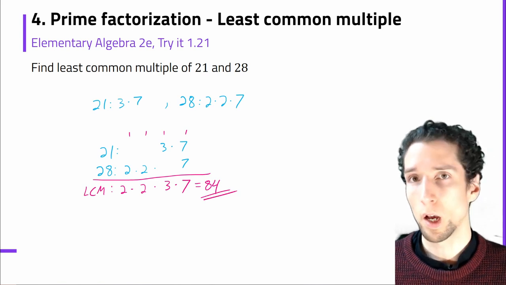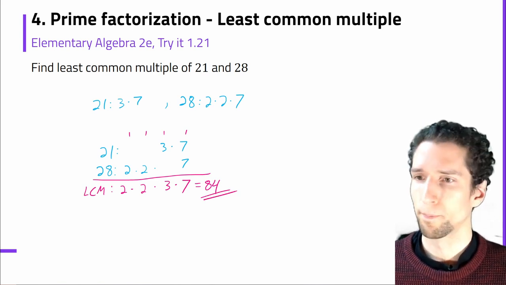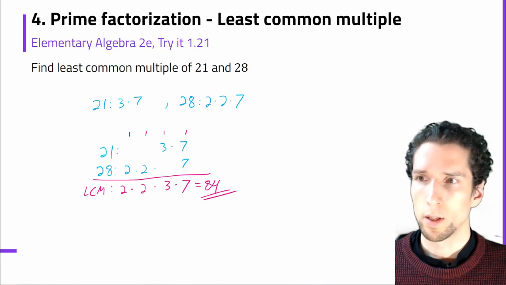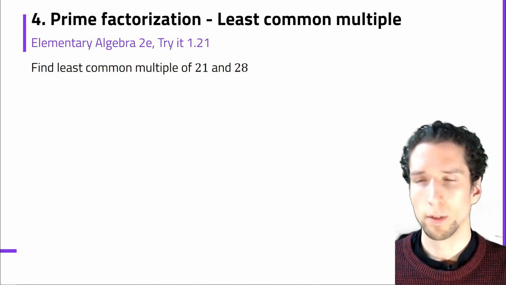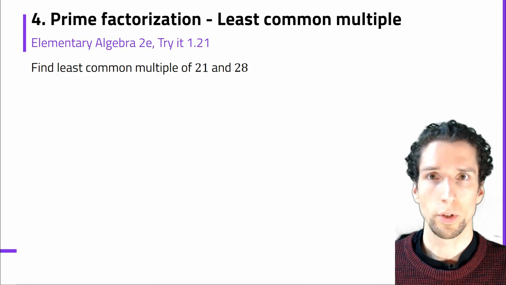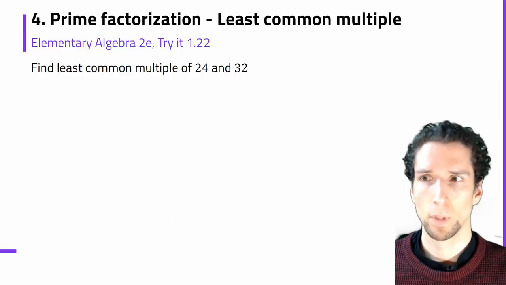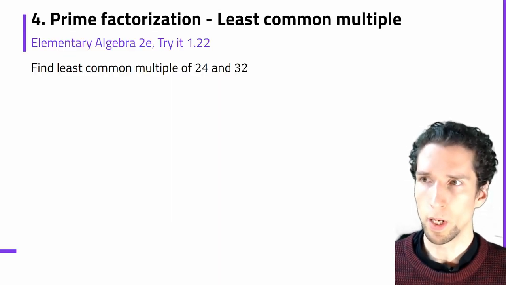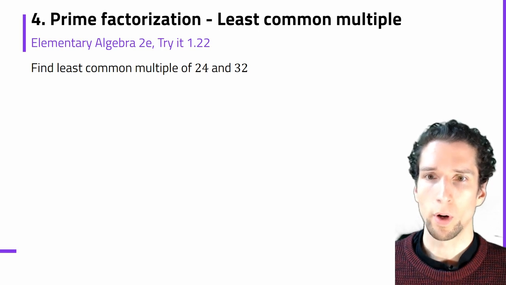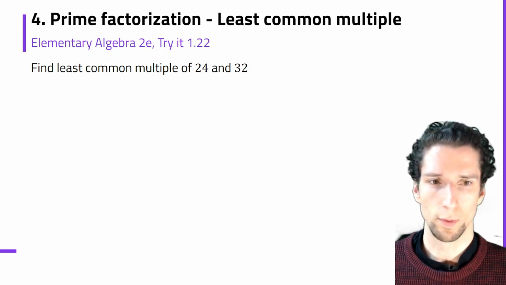So there's a least common multiple between these two numbers. All right, last one. Or sorry, that was my turn, so your turn now. Here, least common multiple between 24 and 32.